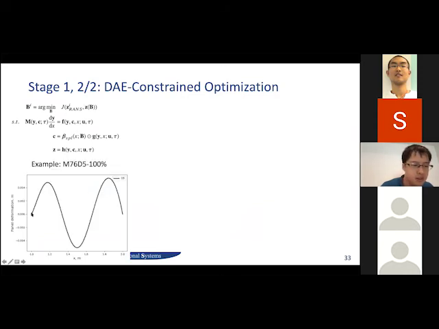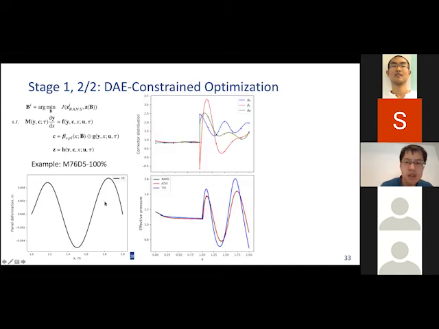For example, if we have a panel deformation like this as the input to our system, then we would get some pressure on the surface like this. The blue line is what we get from the first principle-based low-order model, which is quite off from our black line, which is our high-fidelity model.